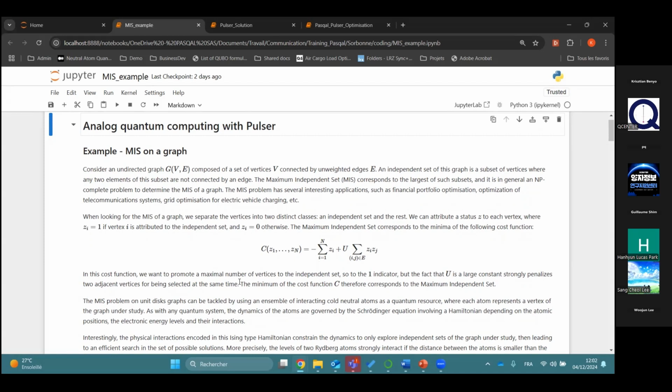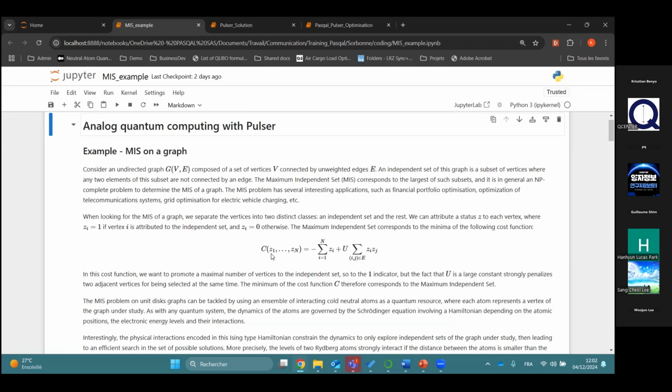Here is how it works: we have a minimization, and with the negative sign, it's a minimization task. So the first sum, the sum of the individual indicators. Okay, let's also start from the beginning. Each variable z is a binary indicator, which indicates if a vertex is selected or not.